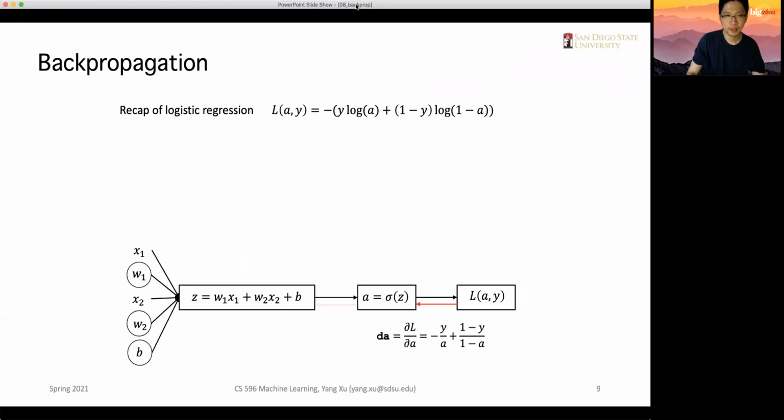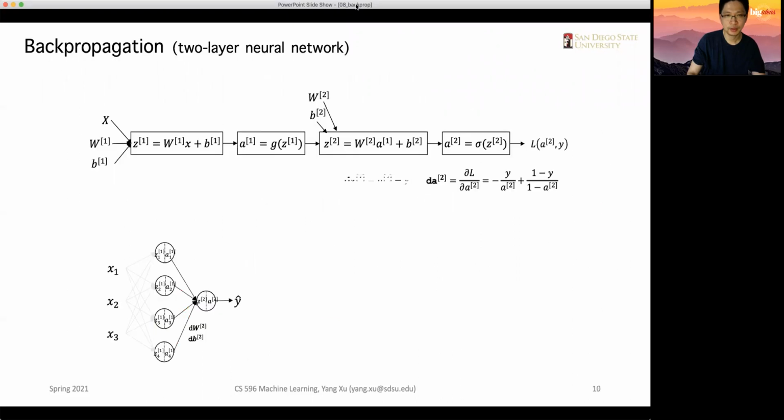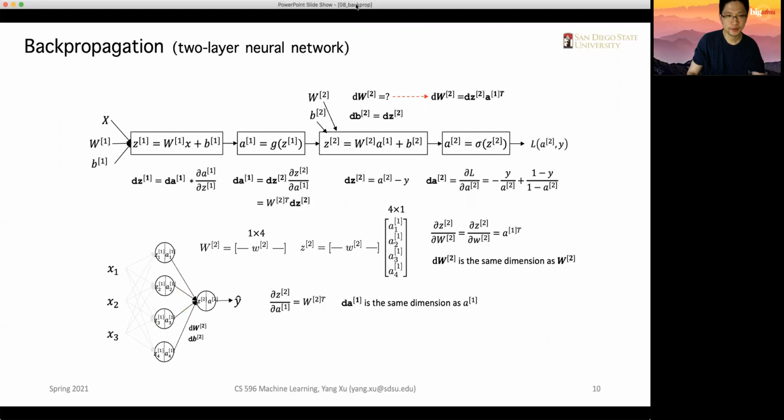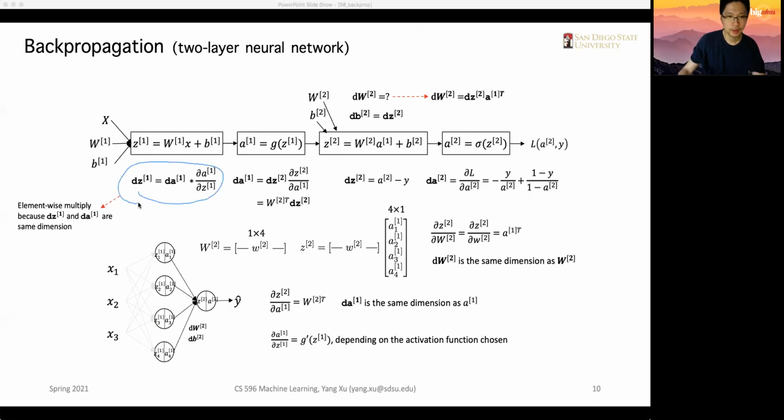Let me find the page for propagation right here. Yes, the first time it appears is here. The gradients for dz would be the gradients for dA with an element-wise multiplication with the partial derivatives of A1 with respect to Z1.